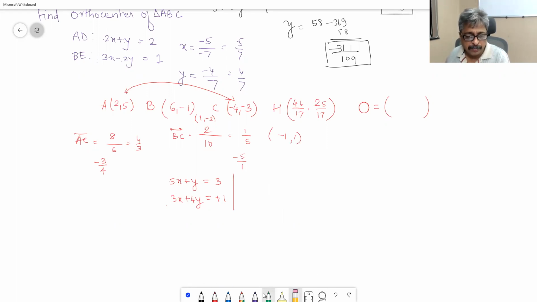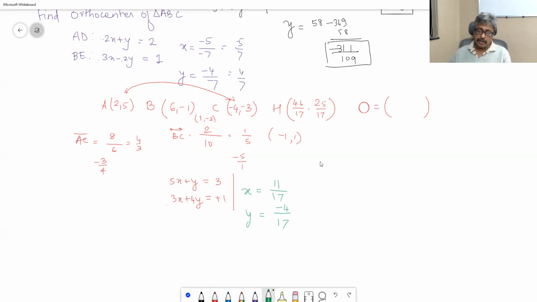Correct. Okay. Therefore, x is equal to, denominator 20 - 3 is 17, 12 - 1 is 11. Y is equal to, 17, 5 - 12 is -9... -4.